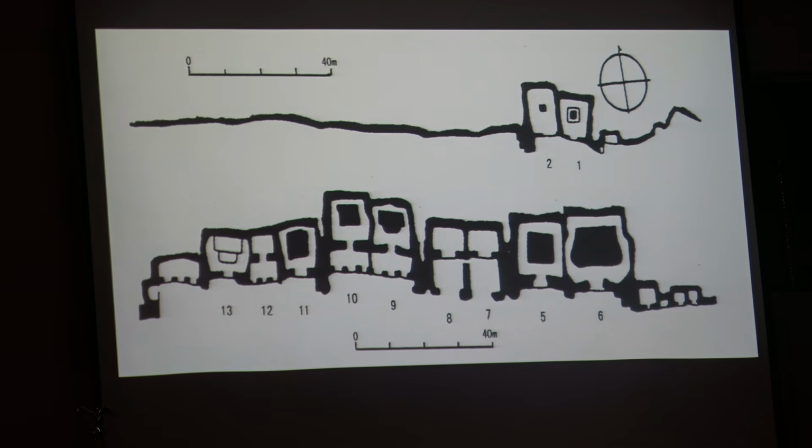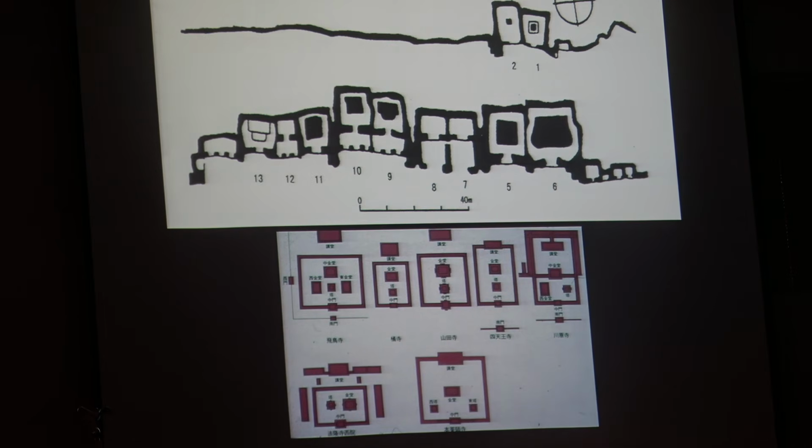What are the plans that we have here? Either one room with a central pagoda, or 2 rooms, a Buddha hall or antechamber, and a pagoda behind it. These are the plans of tombs that we have seen, and these are the plans of monasteries.